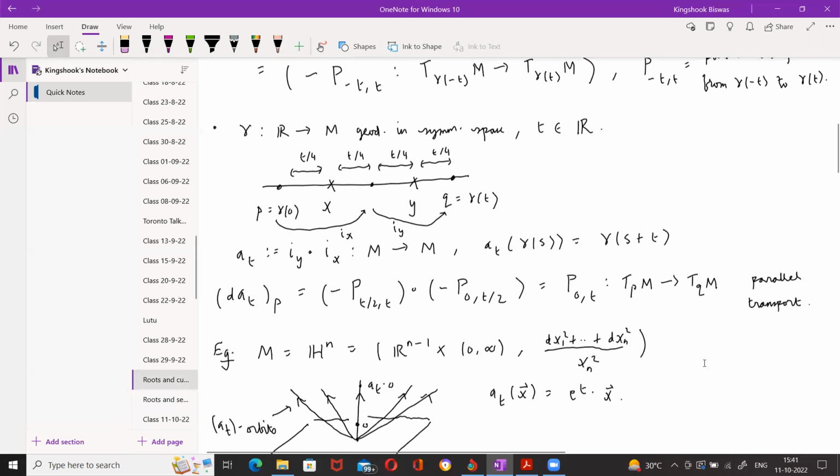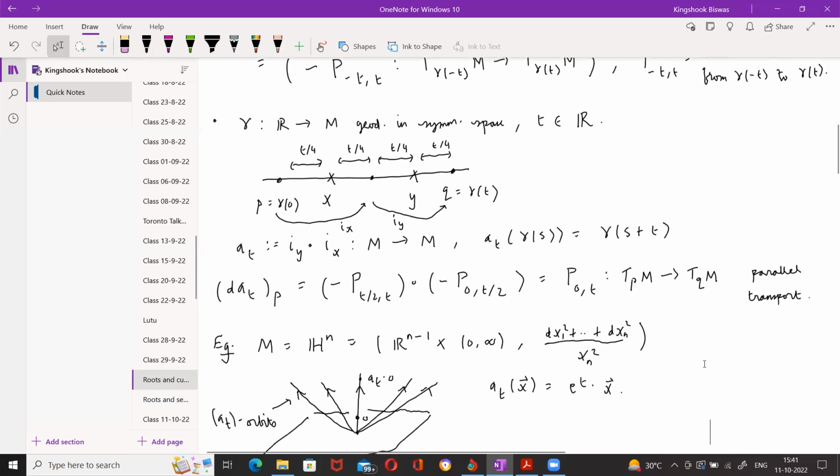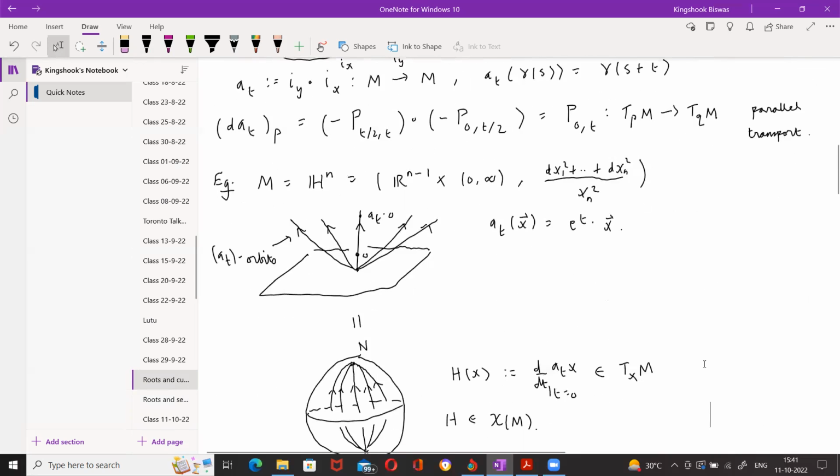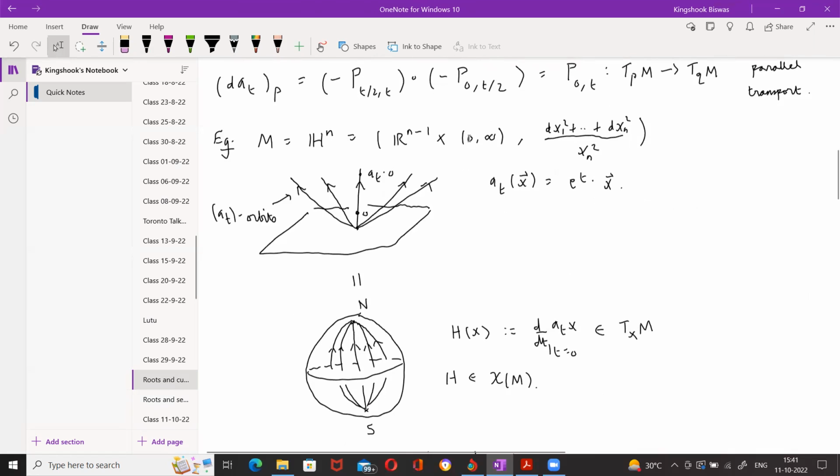So, for example, in the hyperbolic upper half space, if I take the geodesic gamma to be the imaginary axis, the vertical geodesic from the origin, then this A_T is nothing but multiplication by e to the t. And what are the orbits of this group A_T? They are straight lines through the origin in the upper half space.